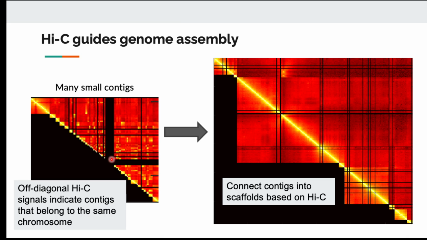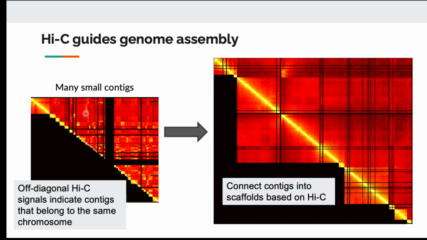But using chromatin conformation data, you can see that there are some off-diagonal yellow signals. These off-diagonal yellow signals mean that this contig and this contig are near each other in 3D.